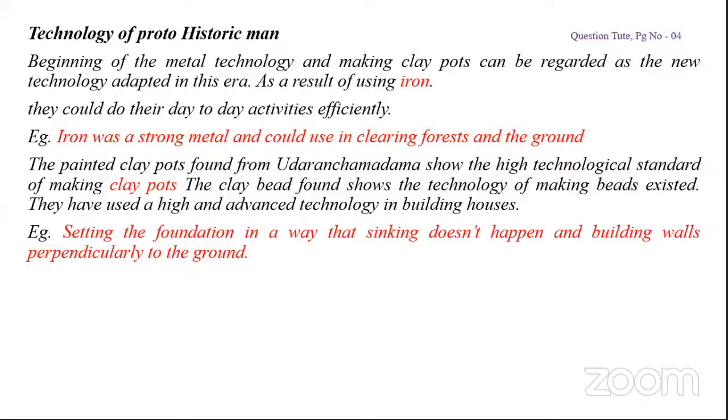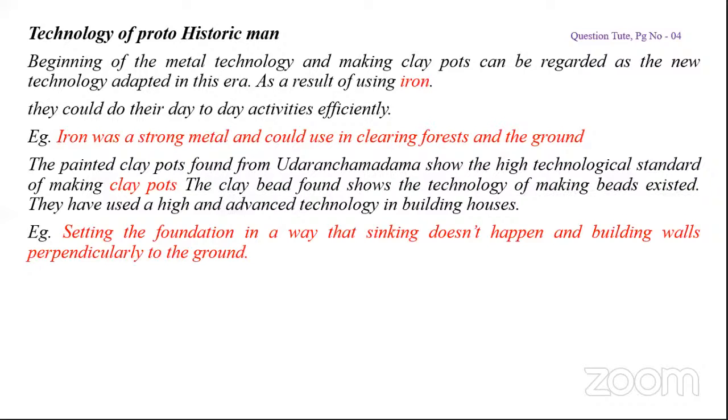Even this question can be given as a separate question. That also had come in some of the past papers, which asked to explain the technology of the protohistoric man under three headings. If so, you have to write clay pot technology separately, making iron tools separately, and making houses separately.